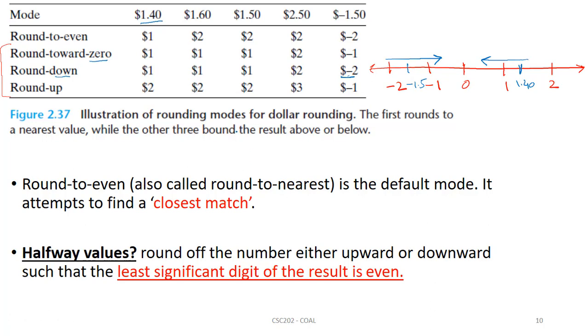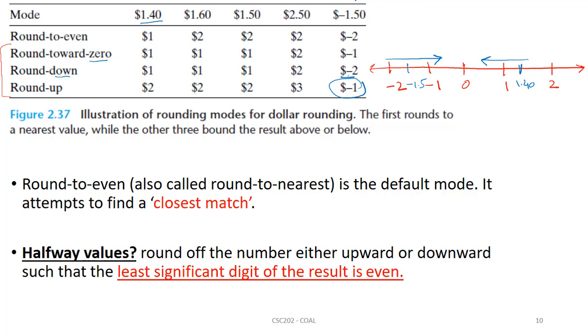So if I got 1.40, it will scale up to 2, 1.6 to 2, 1.5 to 2, 2.5 to 3, and here again -1.5 will be converted to -1, because -1 is greater than -1.5. Right? So these are the three very basic rules to perform rounding.